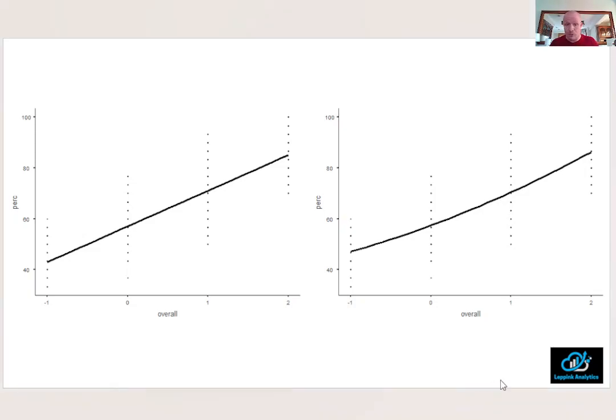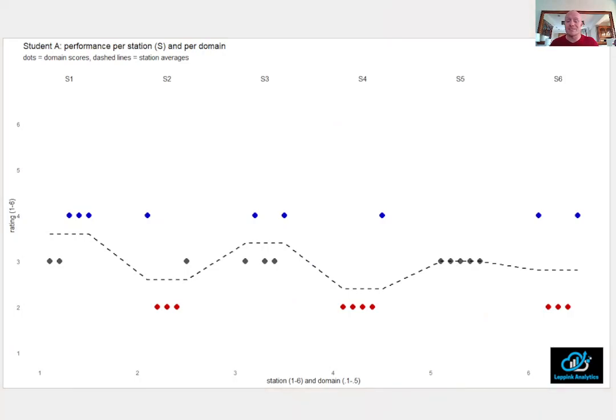And finally, regardless of whether we set a standard using an empirical cohort-based approach such as borderline regression, or we use a hard and a priori criterion to make progression decisions regarding individual candidates, since a domain-based structure with 5 domain ratings and 1 overall rating per station over 6 stations provides a total of 30, 6 times 5, 30 domain ratings per individual, we have quite a bit of information at the individual level regarding the consistency or a lack of consistency in performance across stations and within domain.